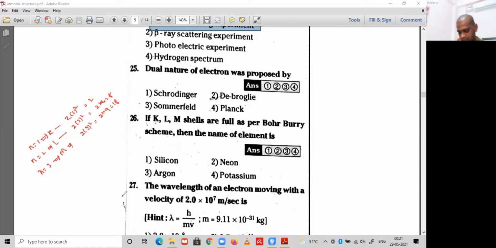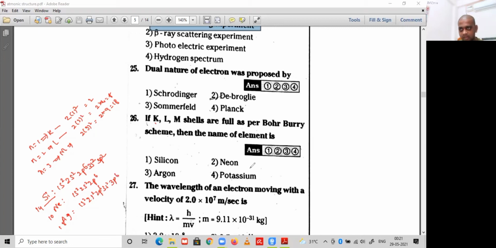So K, L, M, N are present. Take the atom silicon: the atomic number is 14, 1s2, 2s2, 2p6, 3s2, 3p2. Coming to neon, the atomic number is 10, 1s2, 2s2, 2p6. Coming to argon, Ar, the atomic number is 18, 1s2, 2s2, 2p6, 3s2, 3p6.